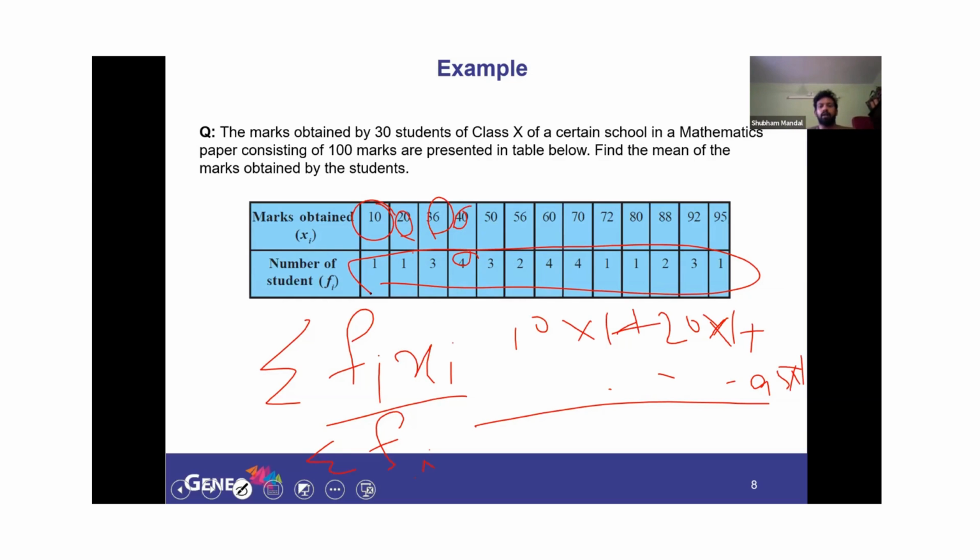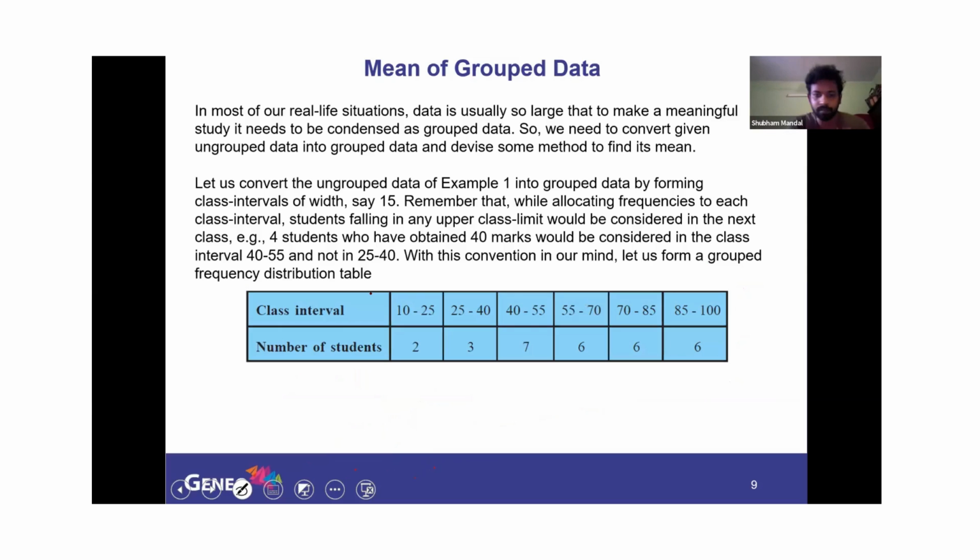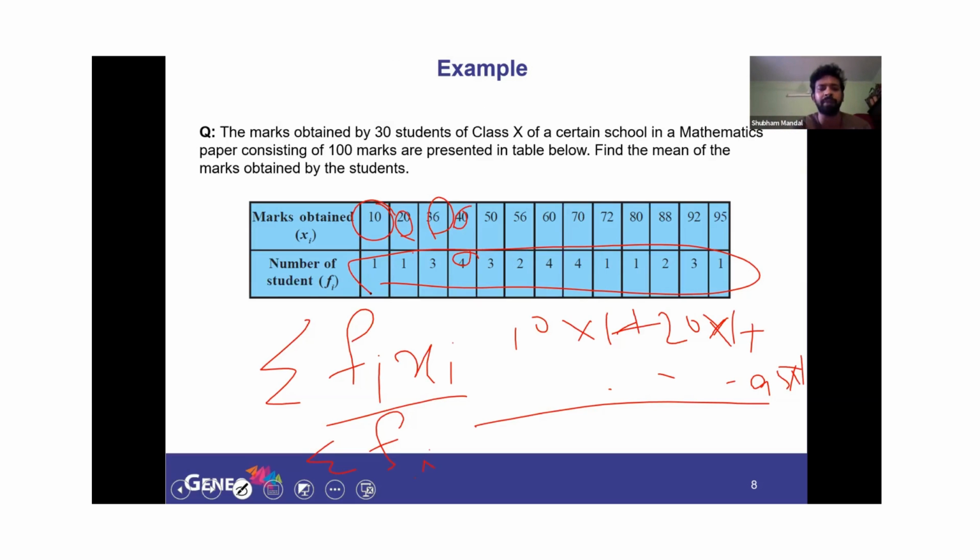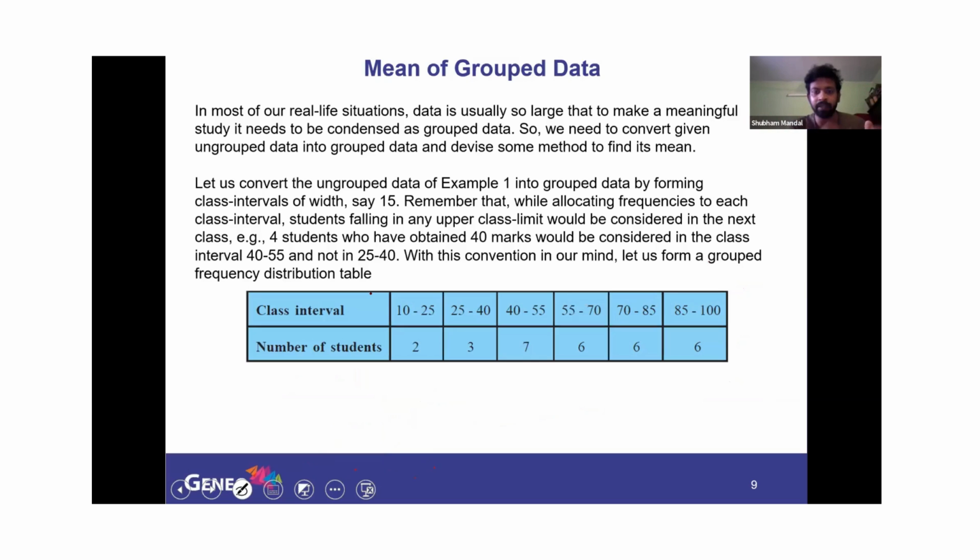But what happens is, you see this method, we have only 30 students, but in real life you will have a lot of observations, a huge amount of data, millions and millions of data points. We cannot take each and every data point and use the formula for mean of ungrouped data.